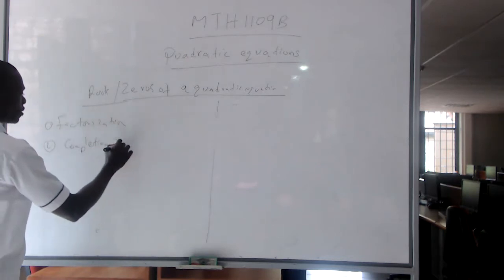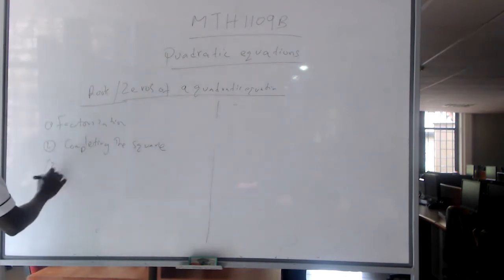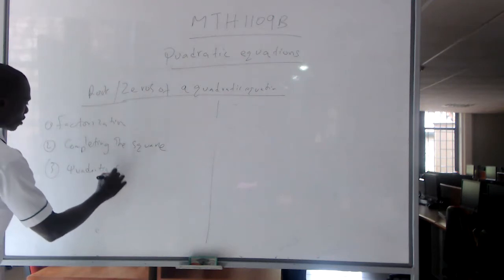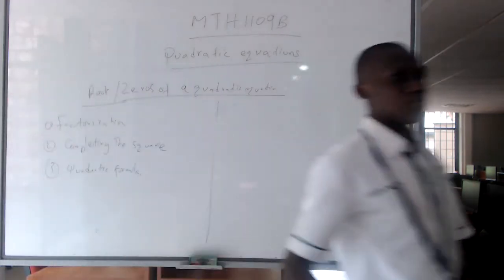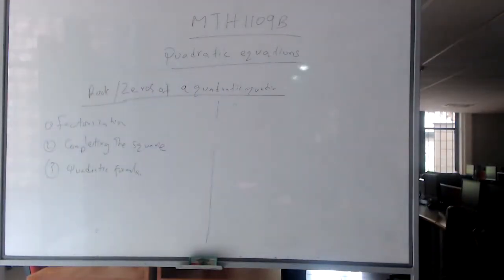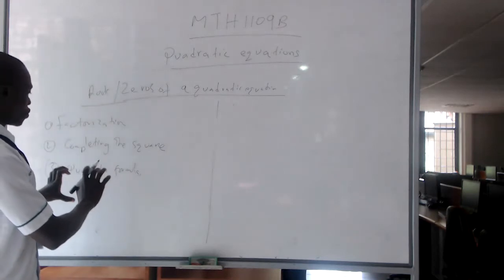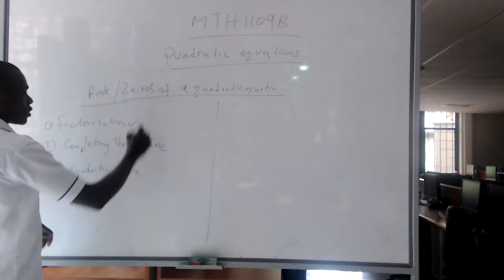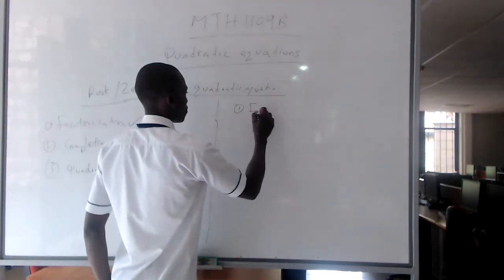And the last method would be the quadratic formula, which is essentially using the completing the square method to derive a formula which you can use to solve quadratic equations. So you just plug in values from the equation and you obtain the zeros of the equation. Factorization. So number 1, factorization.